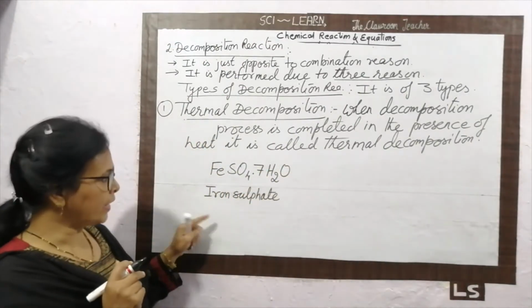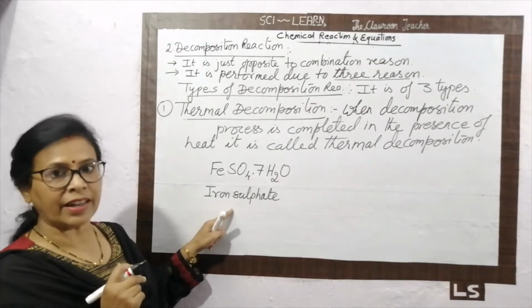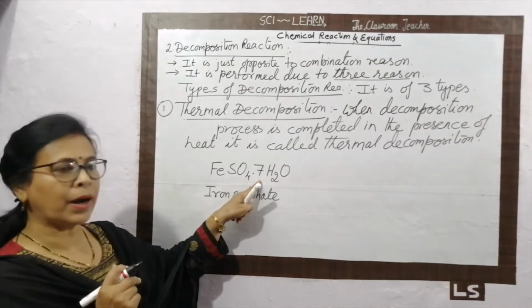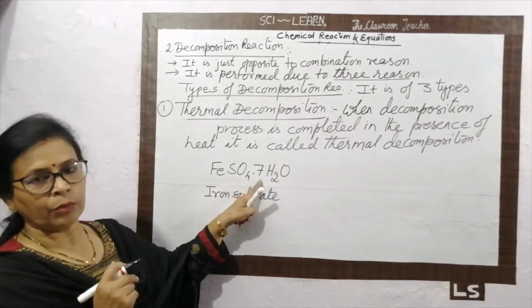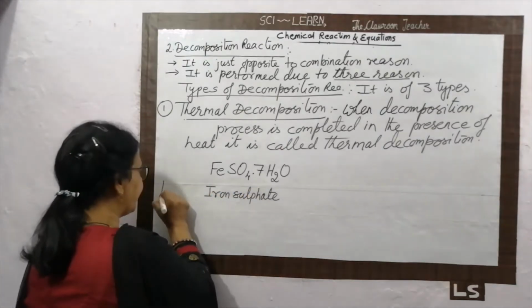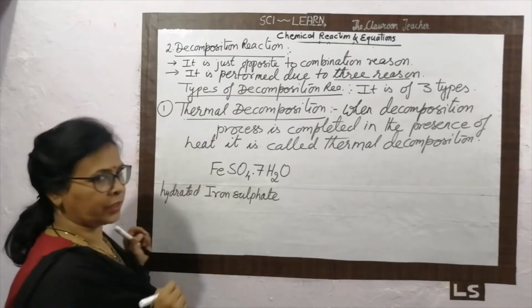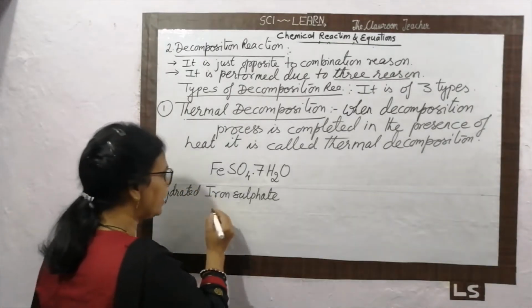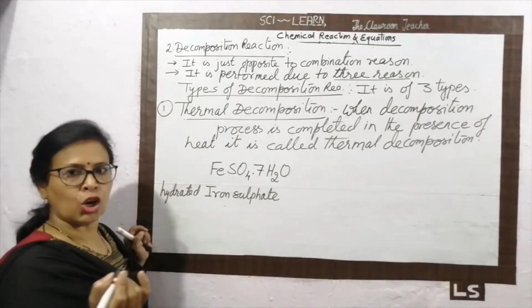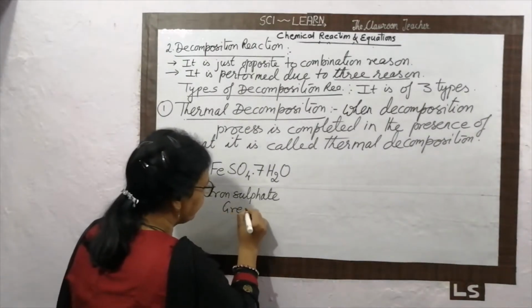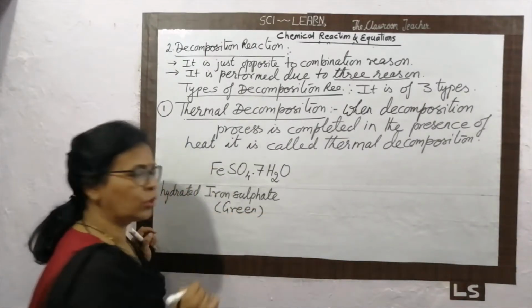So this is hydrated iron sulfate, having 7 parts of water. Hydrated means presence of water. When it is hydrated, the color of this salt is green.